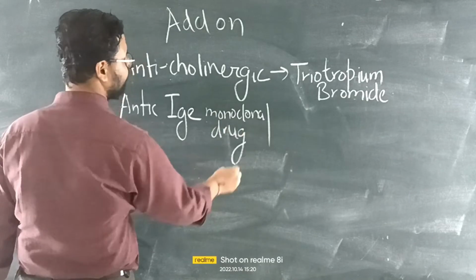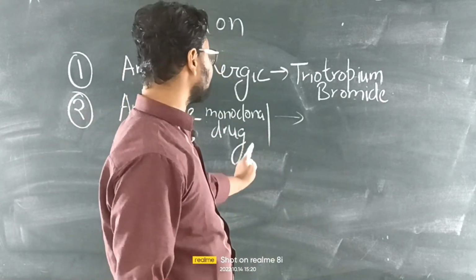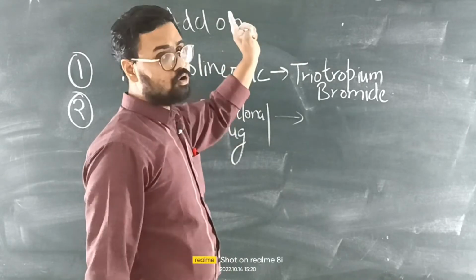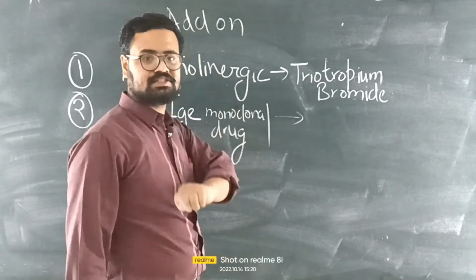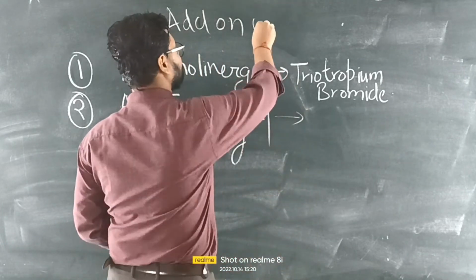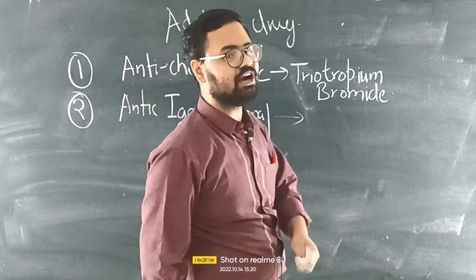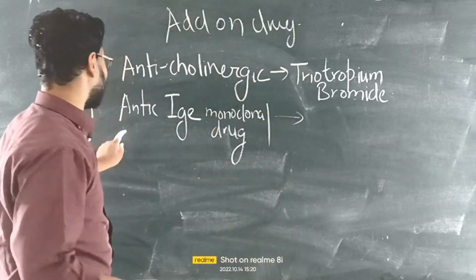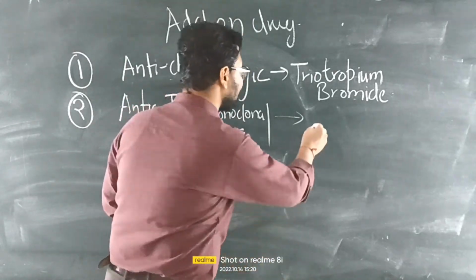In very severe asthma, we will provide high dose inhaled corticosteroid plus long acting beta agonist, that is formoterol, plus add-ons. First of all anticholinergics, that is tiotropium bromide, and anti-IgE monoclonal drug, that is omalizumab.